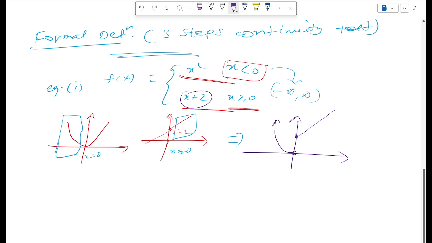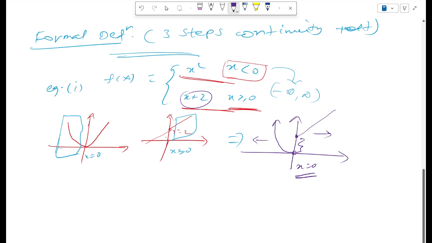Now, by just looking at the graph, you can clearly say there is no possibility of any point of discontinuity on this side, and no possibility of the graph being discontinuous on that side. But at x equal to 0, we have a culprit. At x equal to 0, we can see the graph has jumped. You can clearly see there is a gap in the graph.